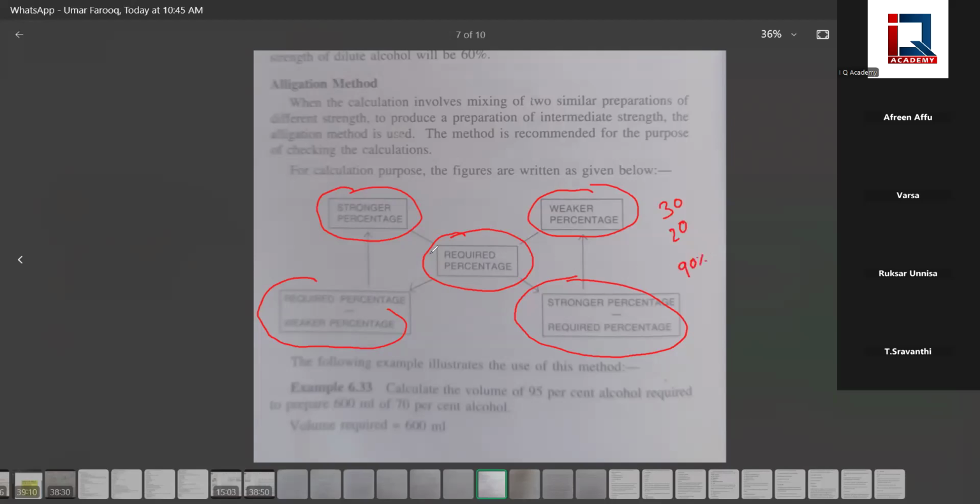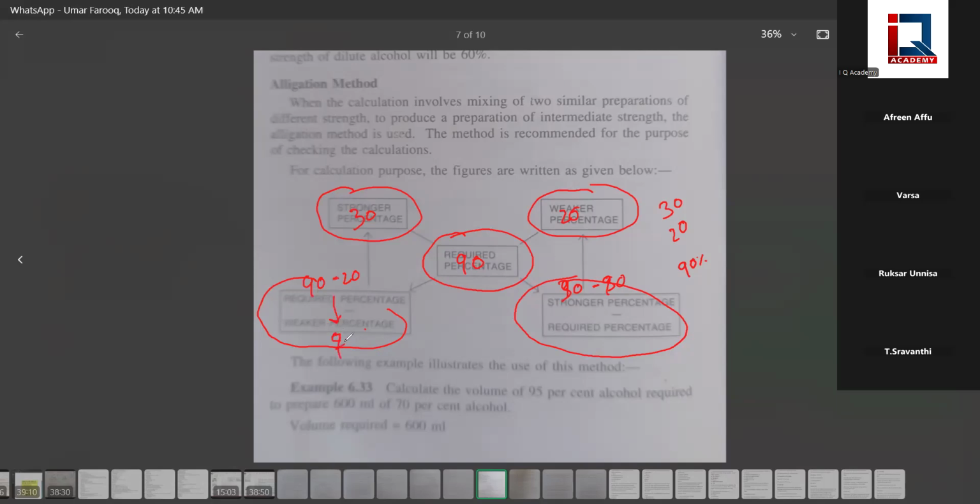Okay, for example, 30% alcohol is given and 20% alcohol is given, and we are asked to calculate 90% alcohol. So for the required percentage I add 90, stronger I add 30, and weaker I add 20. So how much weaker should be taken? Stronger minus required. Here required minus weaker means 90 minus 20, that is 70 parts.